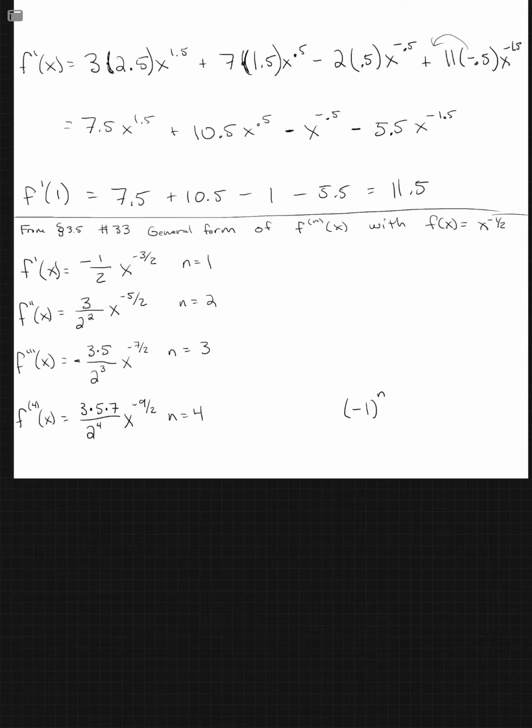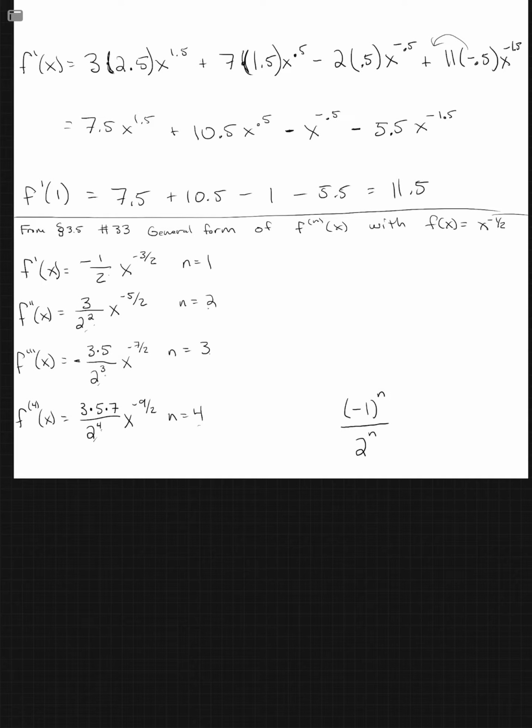So it's not actually changing the numbers involved, it's just swapping between negative and positive like we want. The other thing that seems pretty obvious is that the denominator is always 2 to the n: 2 to the 1, 2 squared, 2 cubed, 2 fourth. So the bottom is always 2 to the n.